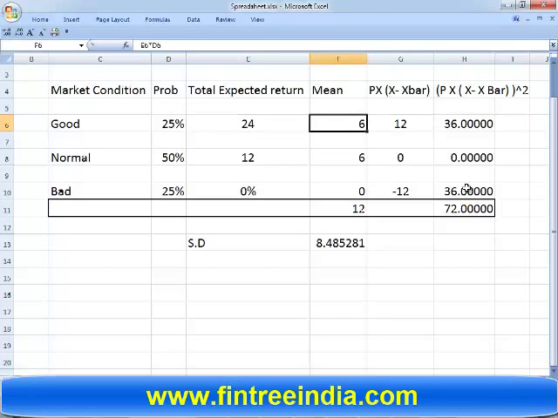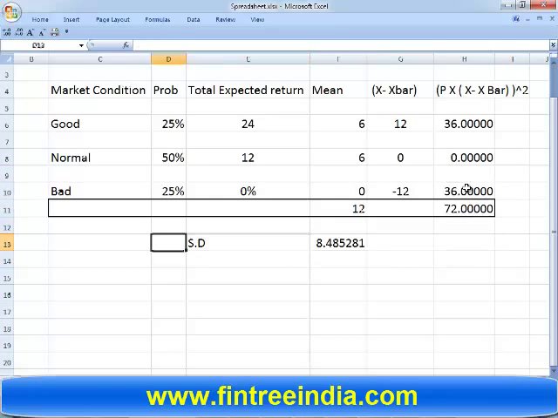So mean comes out to be 6. X minus X bar comes out to be 8.48. Wait a minute. 24 minus 12, correct? Then raised to 2 multiplied with probability, and then we get 8.48. This is the correct answer.